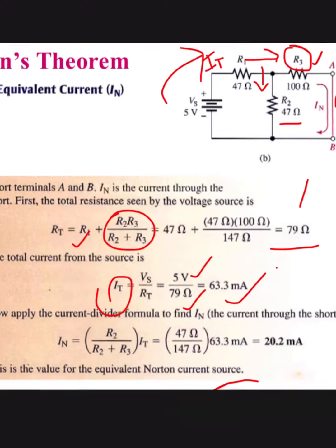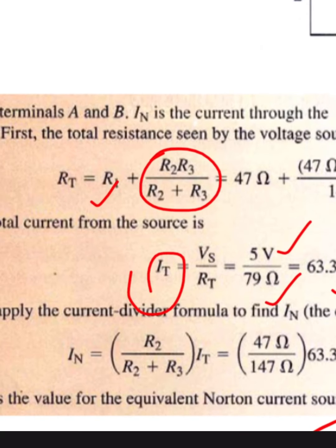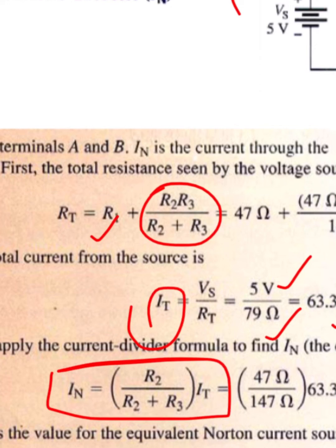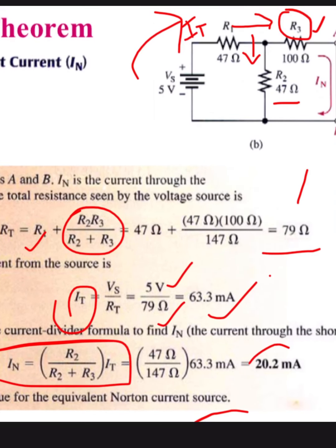So here you can see IN will be the total current IT multiplied by R2 upon R2 plus R3, meaning 47 divided by 147, and this comes out as 20.2 milliampere. This is the IN. First thing is done. Now the second thing is to find RN.